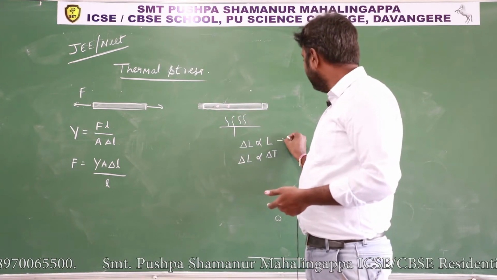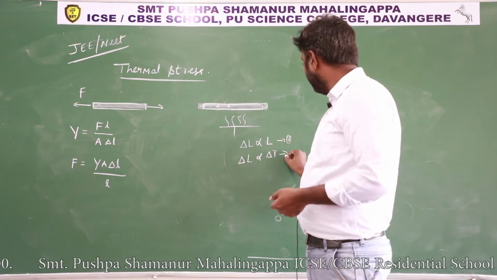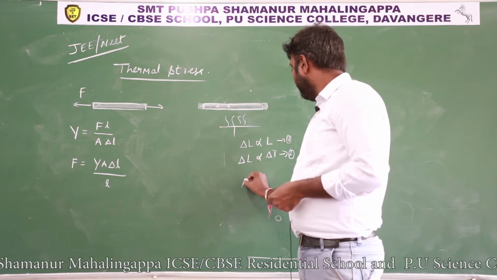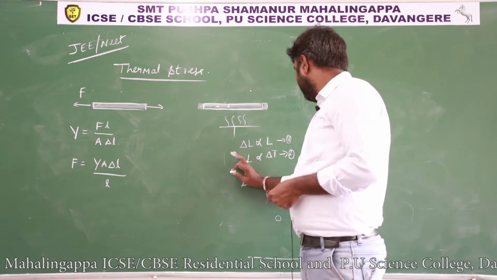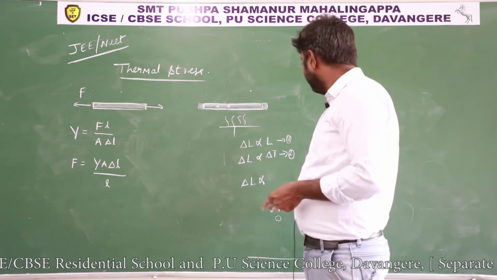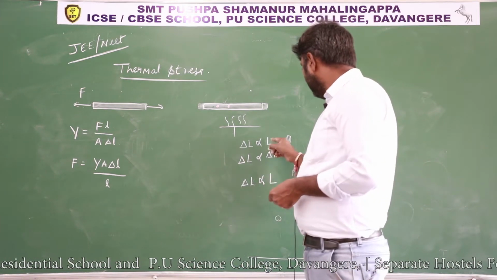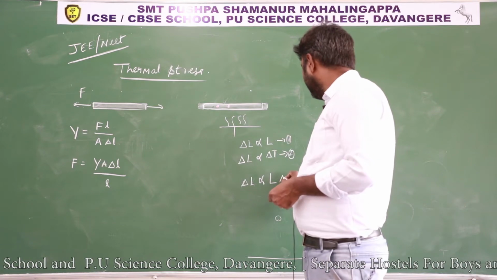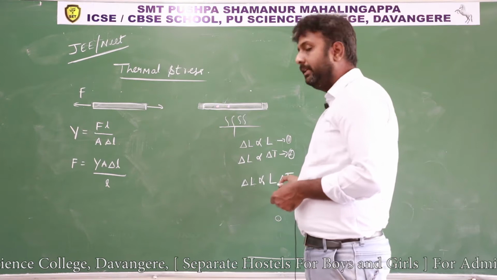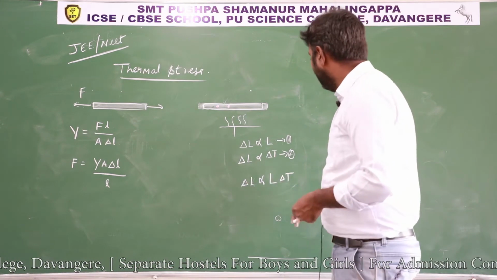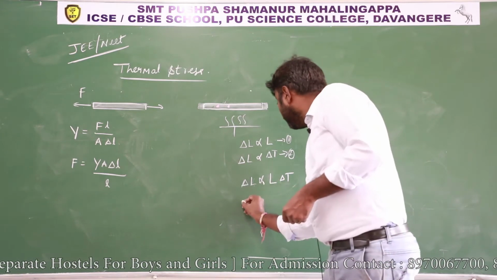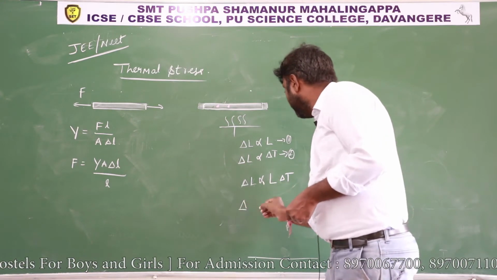So if you consider this equation 1 and this equation 2, from equation 1 and 2 you can write that the change in length is directly proportional to L, the original length, and delta T, the change in temperature. If you remove the proportionality sign, you have to add some constant value, right?